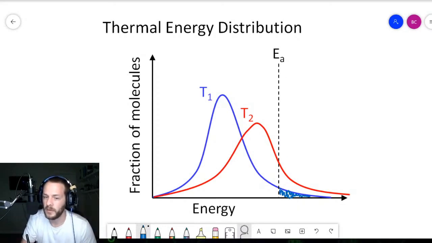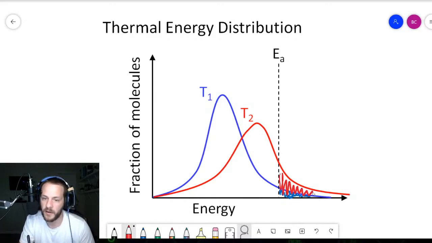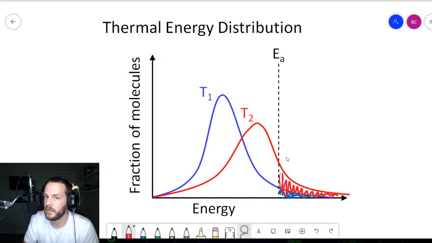That's a pretty small amount of those molecules that have enough energy to overcome the activation barrier. But if I look at T2, the temperature that's hotter, well, now all of a sudden I'm considering this entire thing here. And now it's still a very small proportion of the molecules relative to all of them that can overcome the activation barrier, but it's much higher than T1.